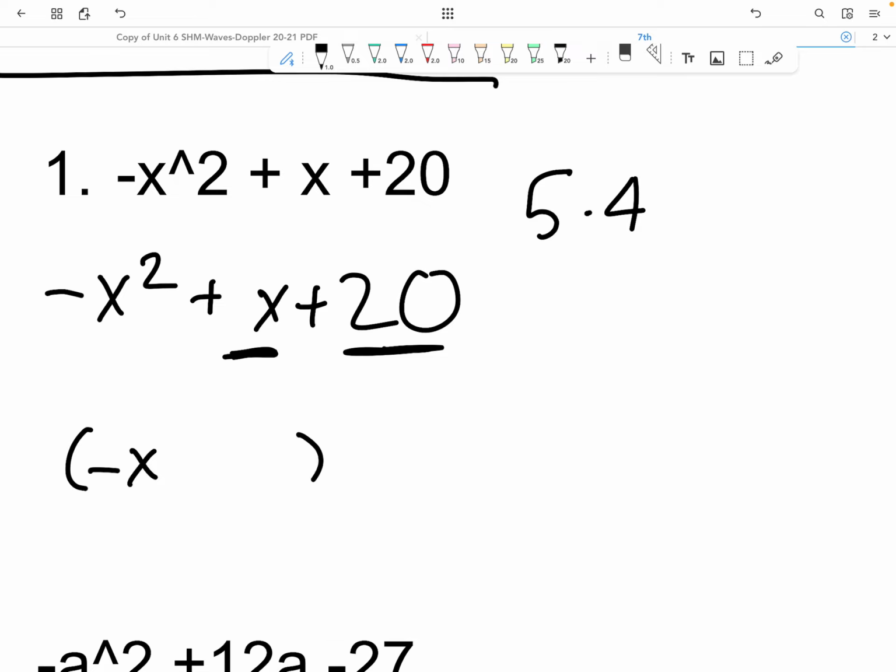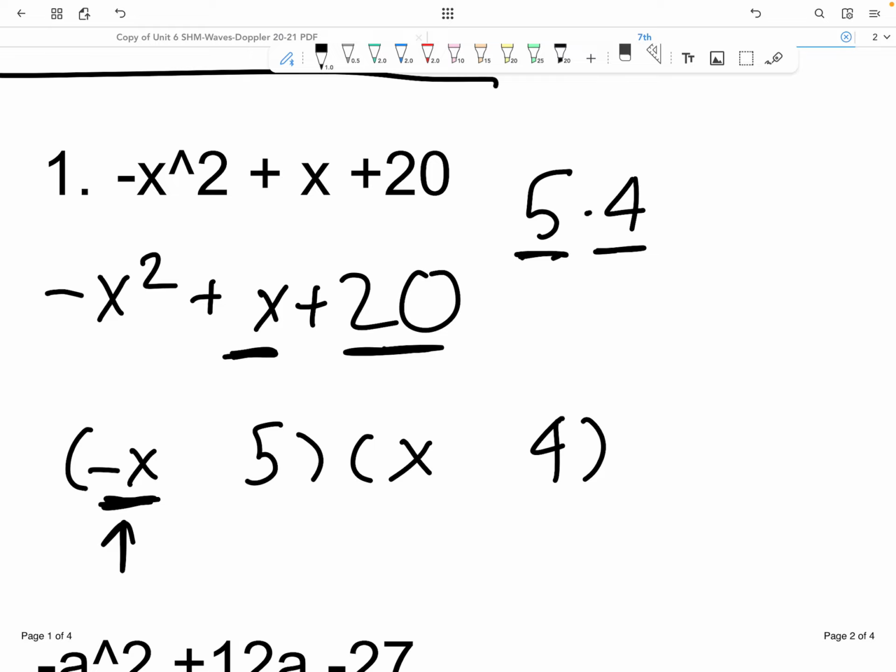You have a negative x in the front, so you have to make sure you realize that when you use these combinations. So if you put it in, 5 times 4 is 20. Now we have to make a combination where it satisfies it being positive, but this being positive as well.